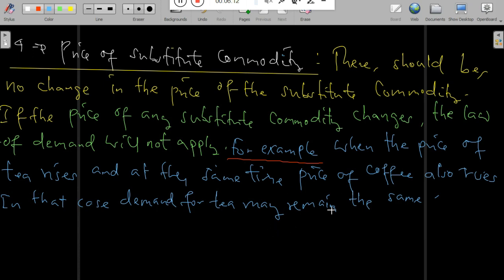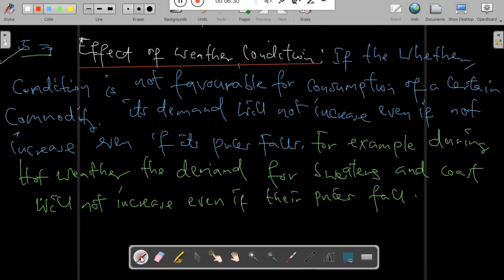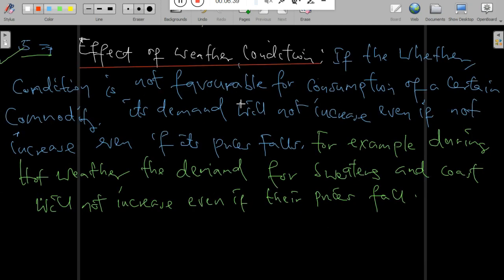But also the price of substitute commodities. There should be no change in the price of substitute commodities. This means that there should not be an option for a consumer to shift, maybe from meat to fish, or from coffee to tea. If the price of any substitute commodity changes, the law of demand will not apply.